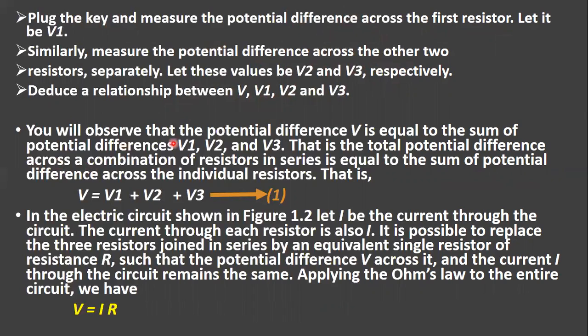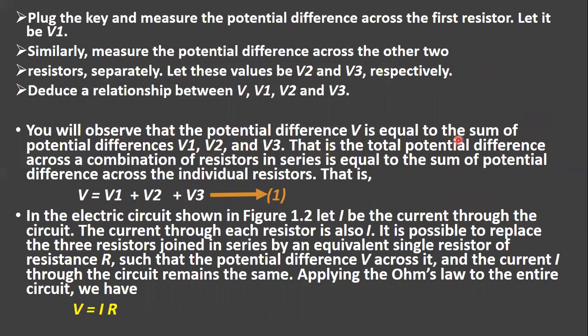Now we will deduce the relationship between V1, V2 and V3. When you note down the voltmeter readings, you will observe that the potential difference V is equal to the sum of the potential differences V1, V2 and V3.